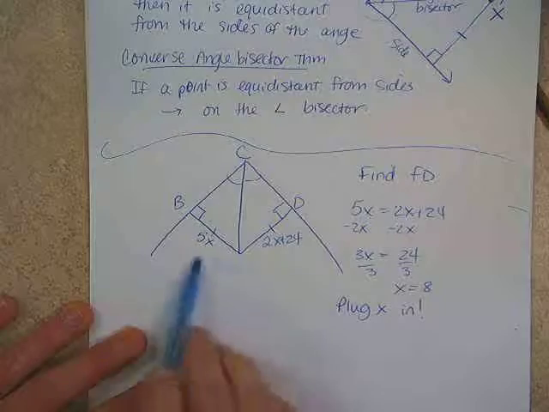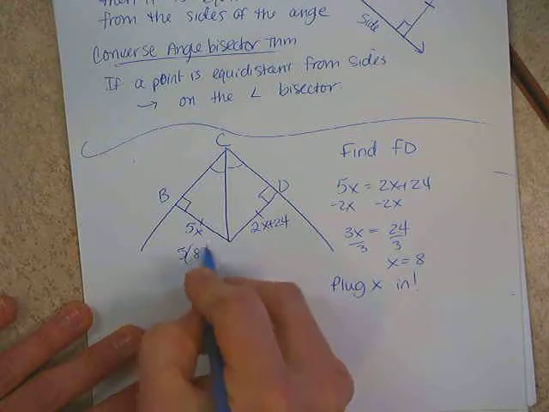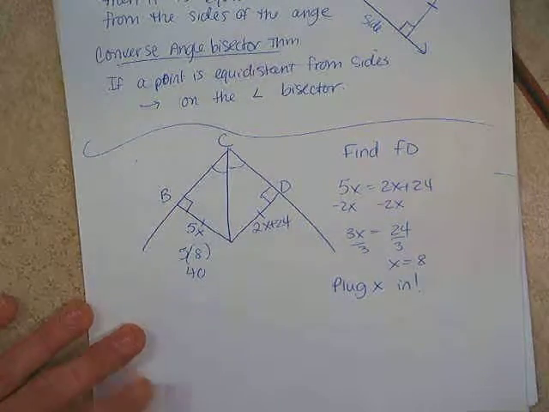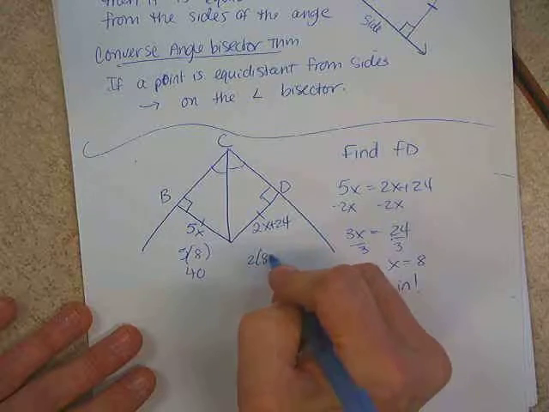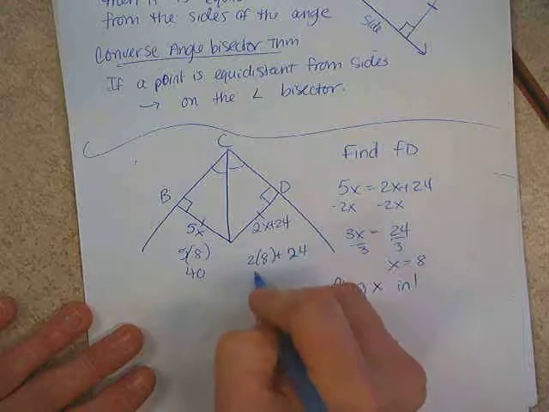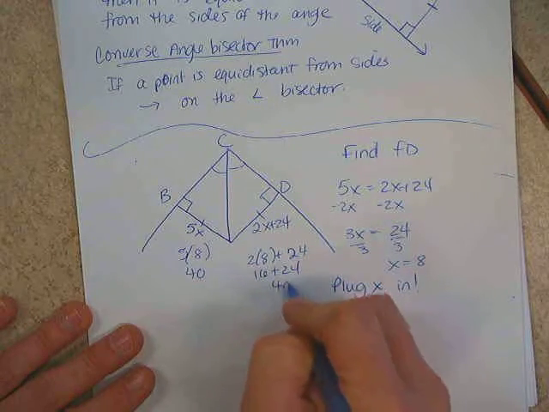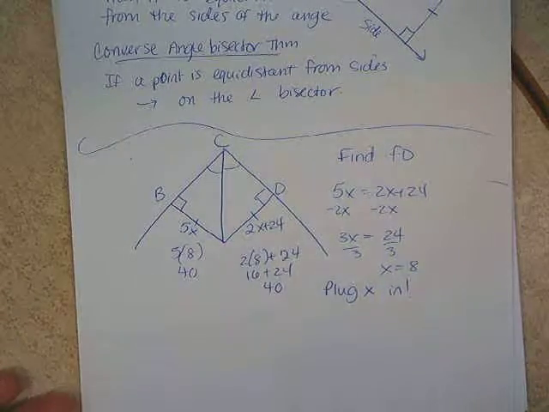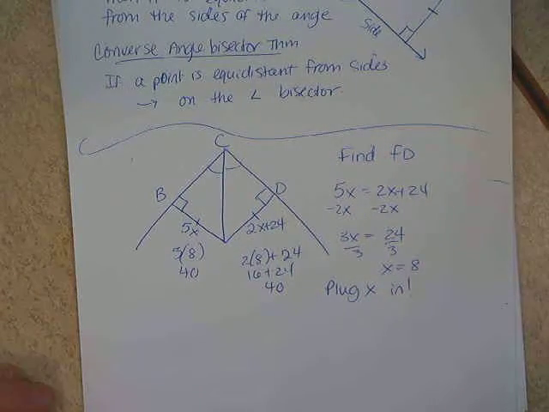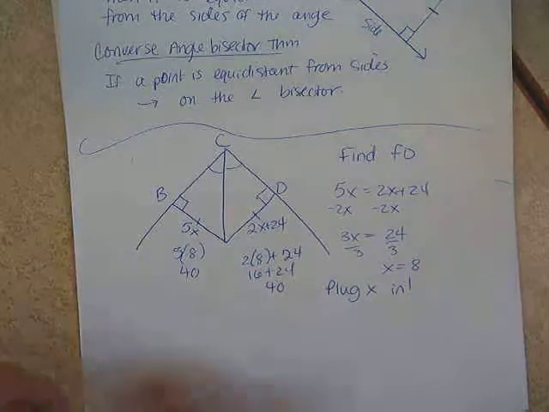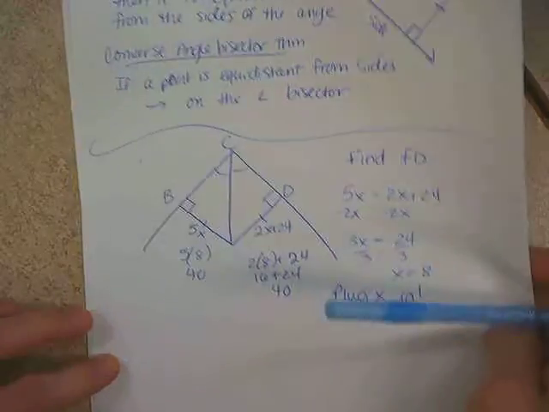So using one or the other, since the length is the same, but you do have to plug X back in. All right, so up here, 5 times 8 is 40, or you could do it over here. 16 plus 24 is 40, but they are the same length.